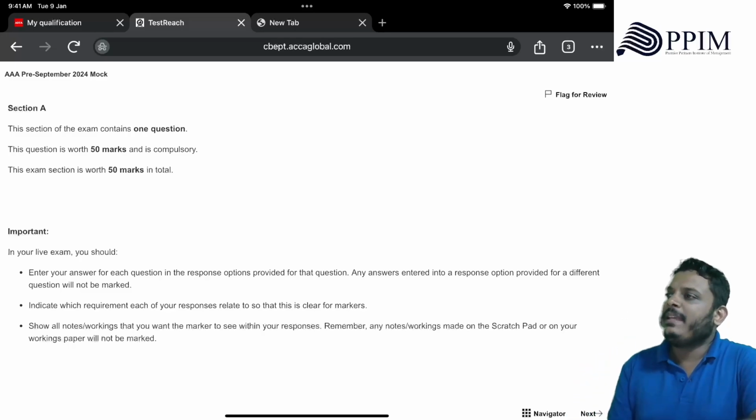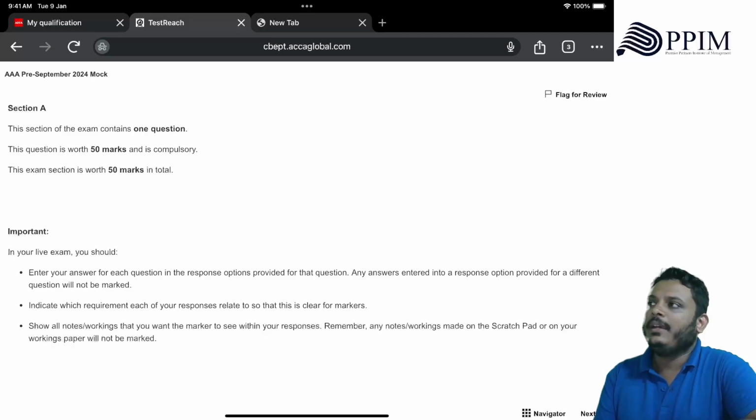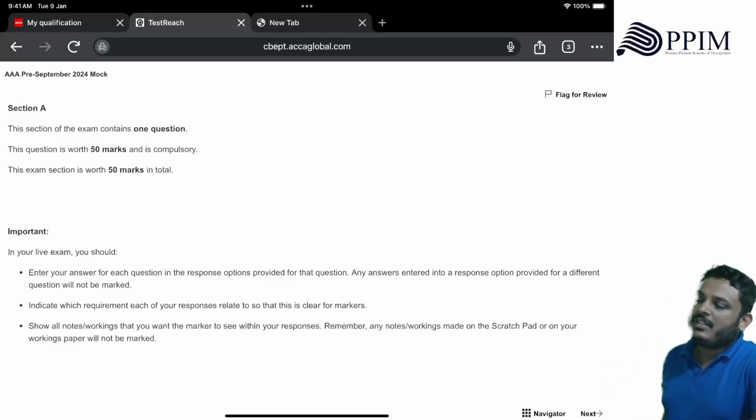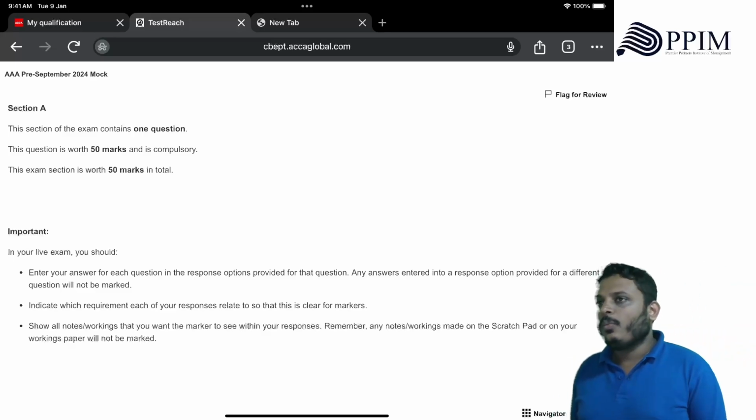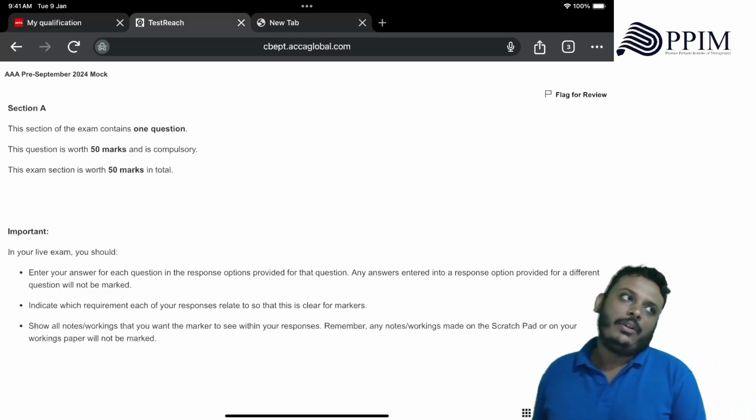Now, the basic thing that we need to understand when you are doing a question is very simple: every student should be aware that the exam paper consists of practical questions.